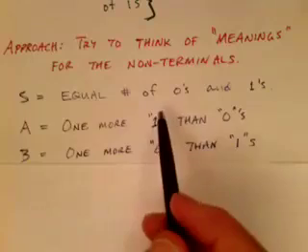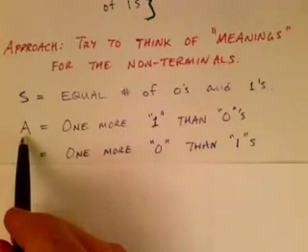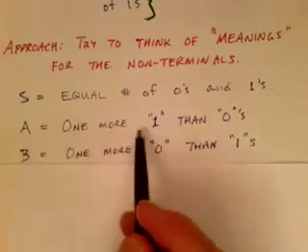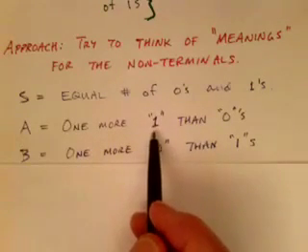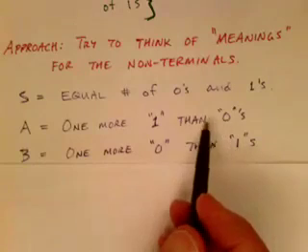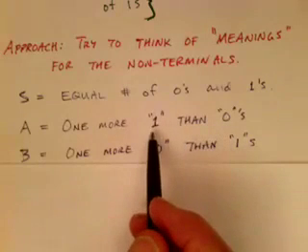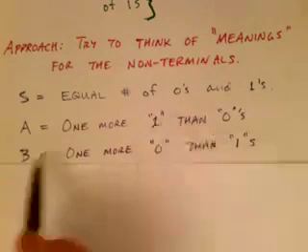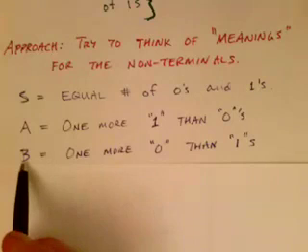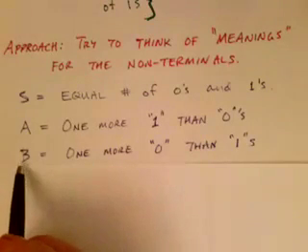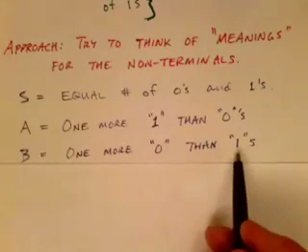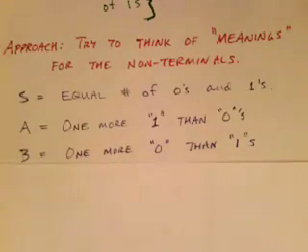The strings described by the non-terminal A will always have exactly one more 1 than zeros. So they've got essentially a deficit of zeros. They need an additional 0. Likewise, the strings that are generated by non-terminal B will have one more 0 than ones. So they've got a deficit of ones.